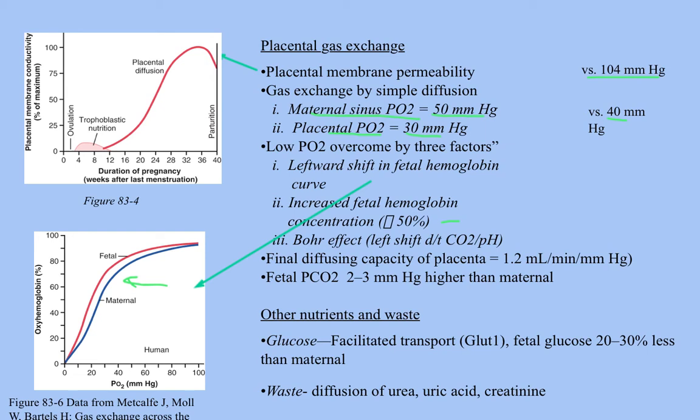As far as other nutrients and waste, glucose, the primary fuel, will go across by facilitated diffusion through GLUT1 receptors. But keep in mind that fetal glucose is less than maternal glucose simply because of the concentration. And waste goes across by diffusion. We're talking urea, uric acid, creatinine will leave into maternal circulation to be gotten rid of.